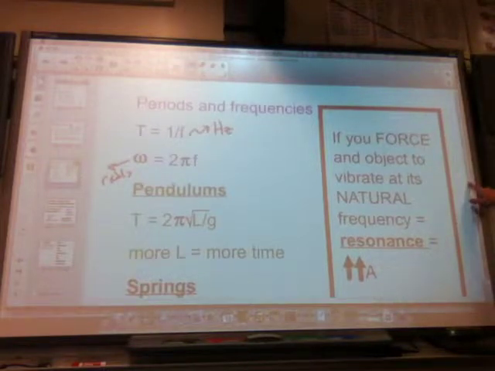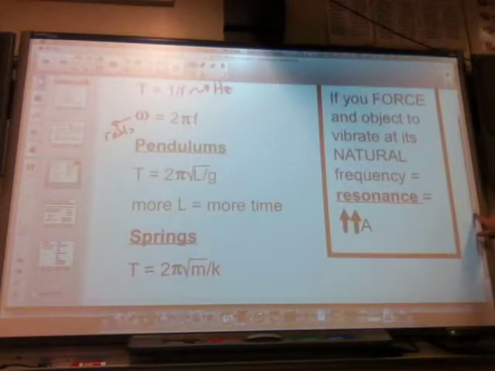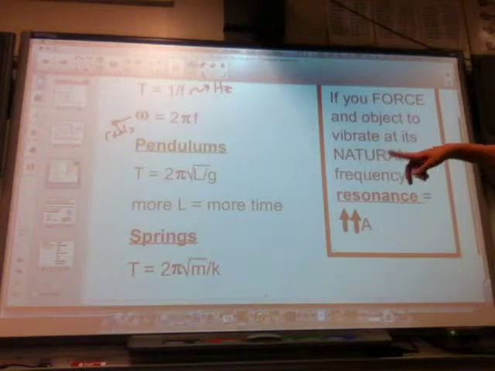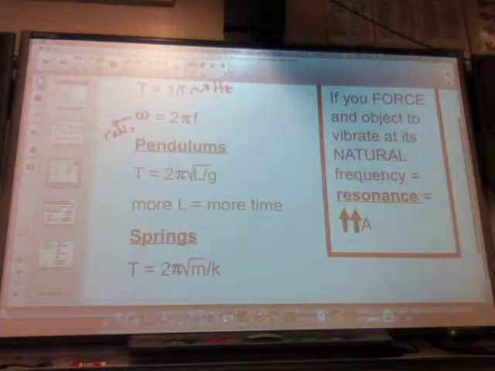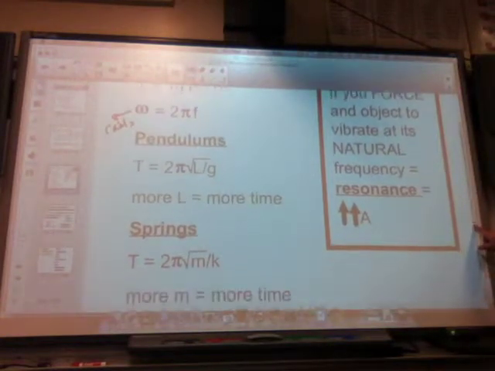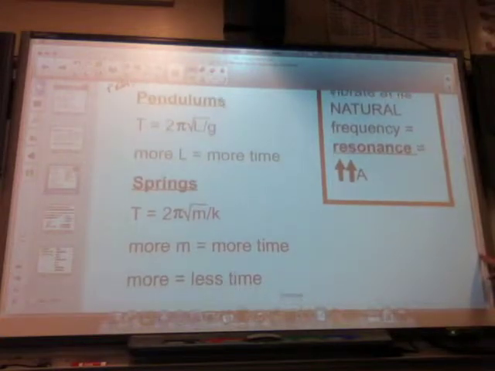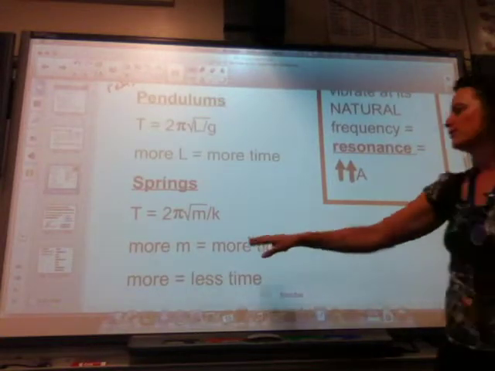So if we're dealing with a pendulum, then T is equal to 2 pi square root of L over g. You should know that equation. It's on your equation sheet, but you should be very comfortable with it by now. And more L means there's more time. For a spring, T is equal to 2 pi square root of m over k. More m, more time.